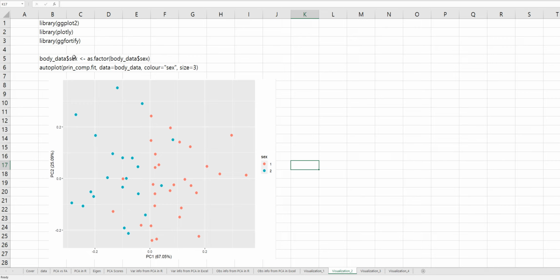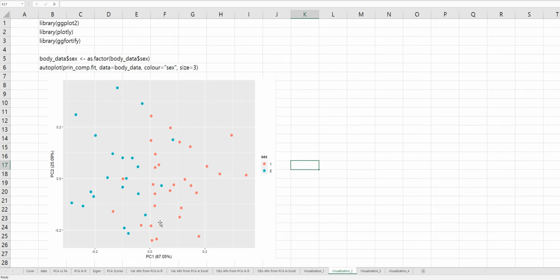Also, if you use the ggplot2 library, then you also can have this autoplot output. This is actually to compare sex, first sex and second sex.